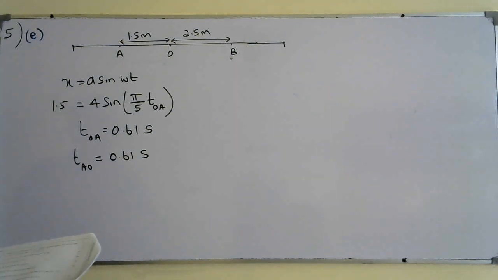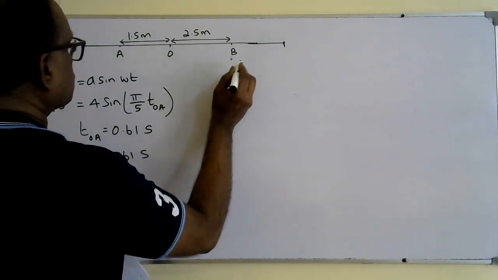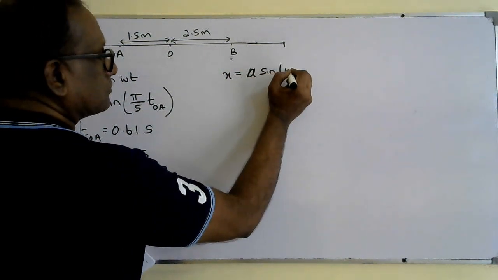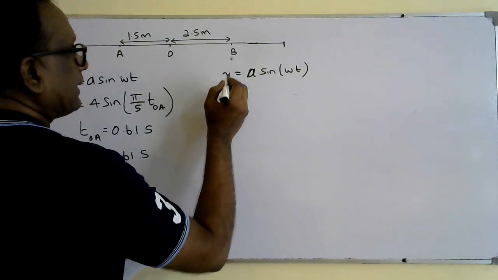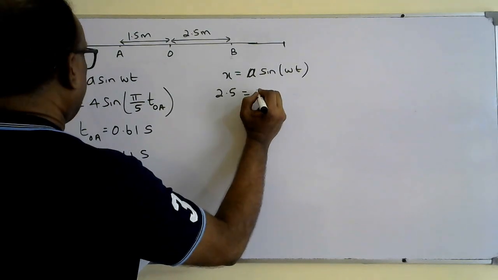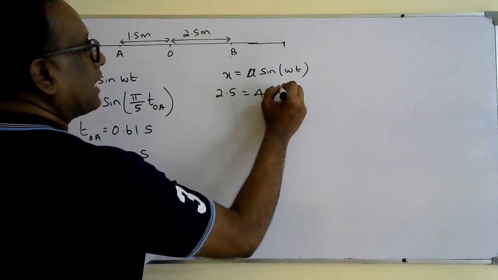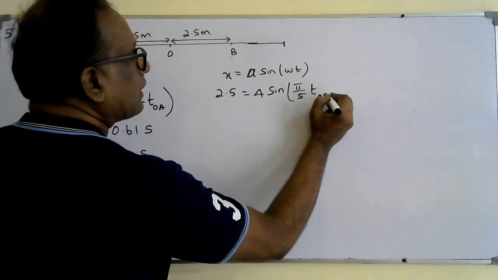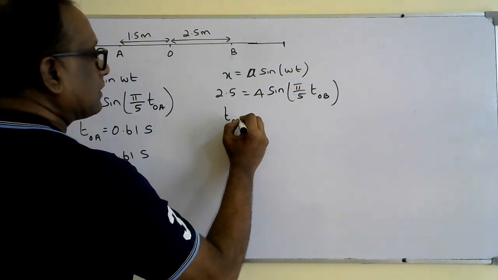Okay, so we'll find next the time taken to travel from O to B. So x equal A sin omega t. So that is O to B, 2.5 equal 4 sin pi by 5 T OB. We'll find T OB.